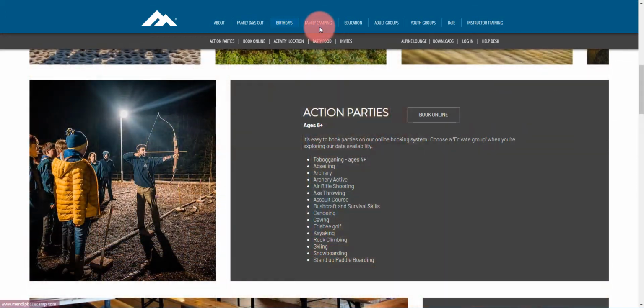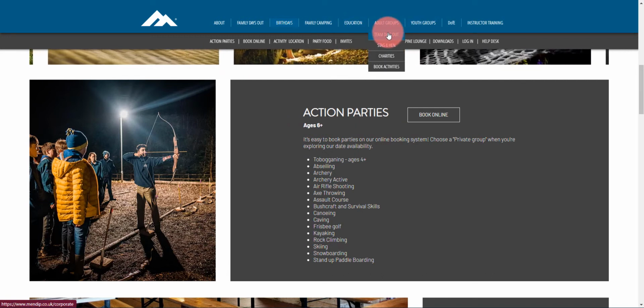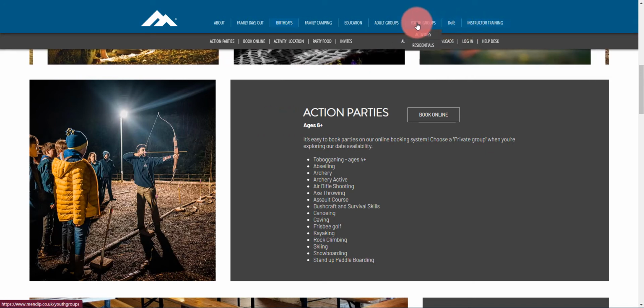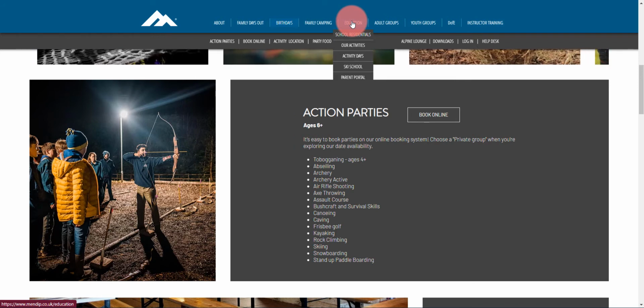We've said already they cater for family camping, and they've got school-age children, obviously, with the education. They've got adult groups. They've got corporate businesses. We've said they've charities, youth groups, etc. So really, we can say there's a range here in terms of demographic, which makes up their target market.